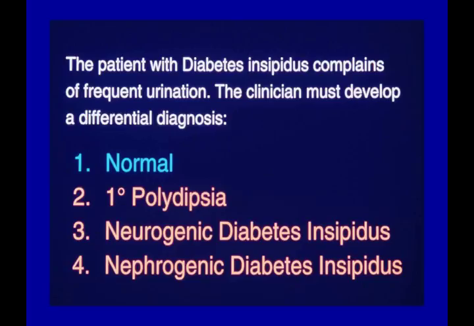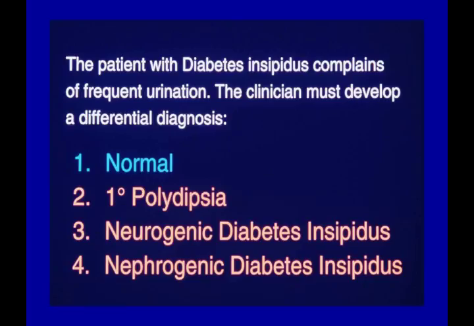So the physician must develop a differential diagnosis for somebody who complains, I'm going to the bathroom all the time, doc. The first thing you want to know is whether they're really producing large amounts of urine. You could ask them to collect a 24-hour urine, and it may turn out to be reasonably normal or only modestly elevated. They don't have diabetes insipidus or any abnormality. They're just someone fixated on going to the bathroom too much.